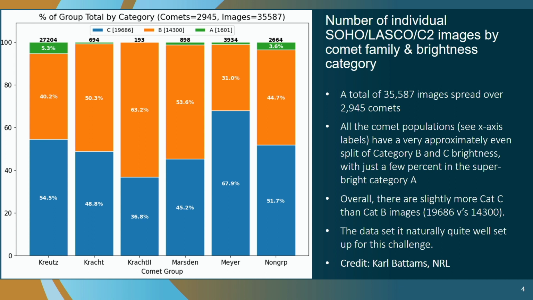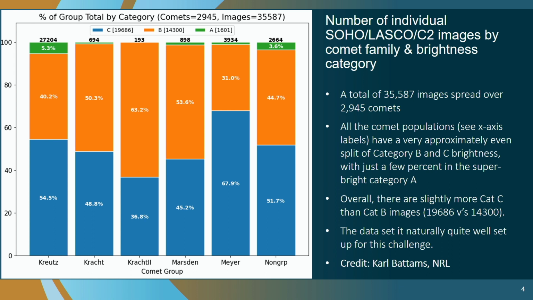The total of more than 35,000 images presents more than 3,000 comets now. And as you can see, there are slightly more faint comets than any others in this imagery.